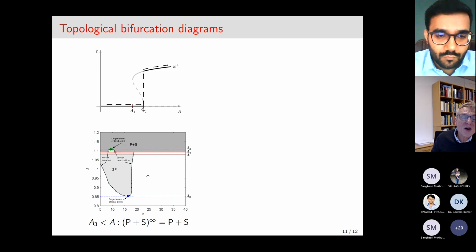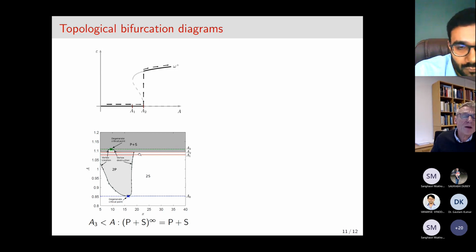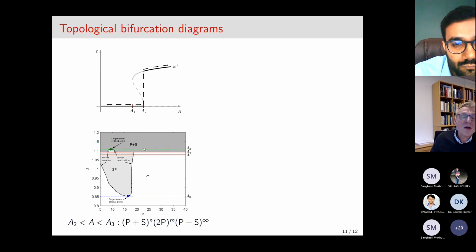If I increase A until I reach A2, this dynamical bifurcation point, and if I increase above A2, then I jump to this asymmetric branch, and then the asymmetric branch allows these asymmetric P plus S configurations. So there's sort of a discontinuity in the pattern as I cross A2, because I go away from that branch and into this one.